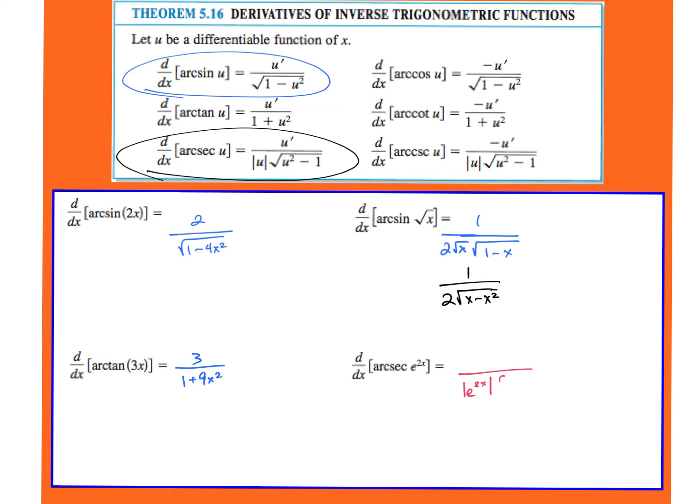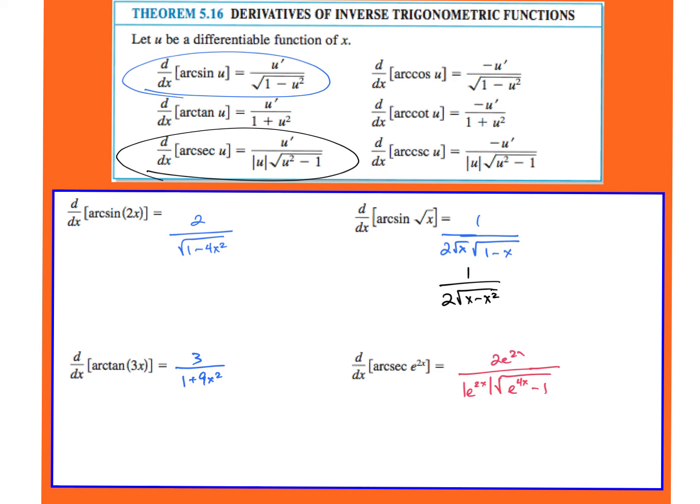And then I have square root of e to the what? E to the 4x. Remember, a power to a power, what do you do? You multiply. All right, and then minus 1. All right, and then what's my du or u prime?